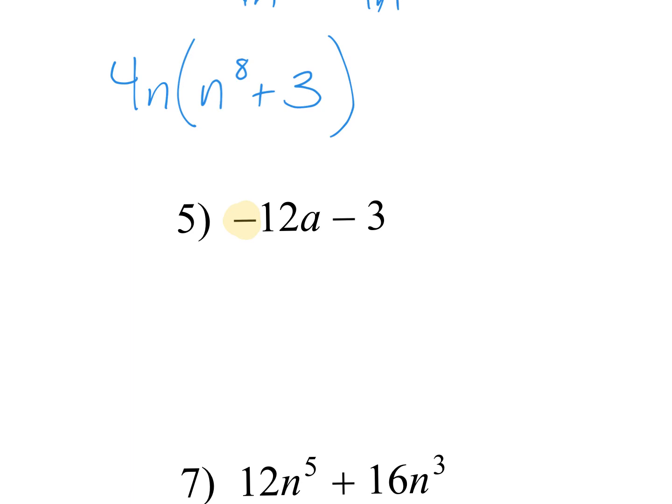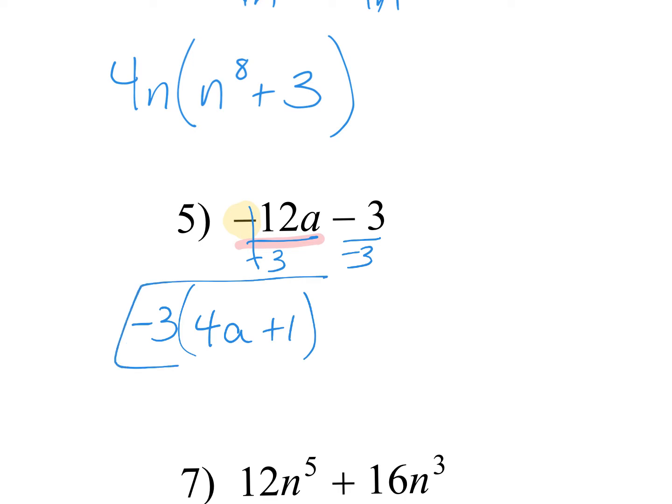So since we lead with a negative, I want to divide out a negative 3. So divide here by negative 3 and here by negative 3. A negative divided by a negative, guys, is a what? Positive. So I have what? 4a, right? Then what? Plus 1. Good. 3 divided by 3 doesn't just cancel out and become 0. It becomes 1. So make sure you guys are on top of that, please.